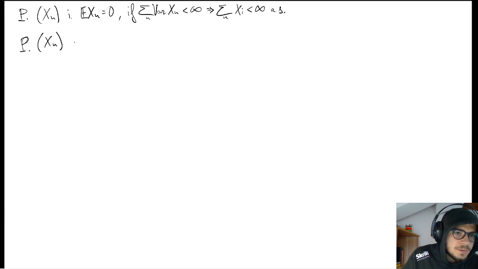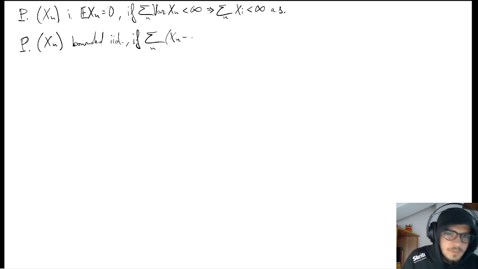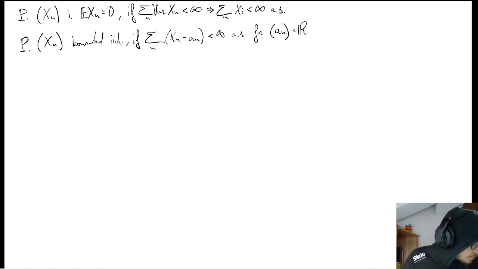If Xn is a bounded sequence of independent random variables with the same distribution, well, if the sum over n of Xn minus An is finite almost surely, for some sequence An of real numbers, then the sum of the variances is also bounded.